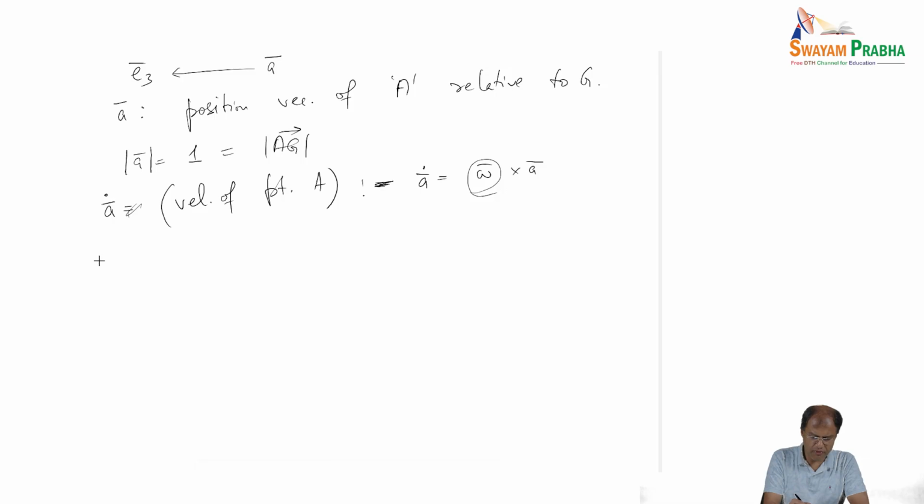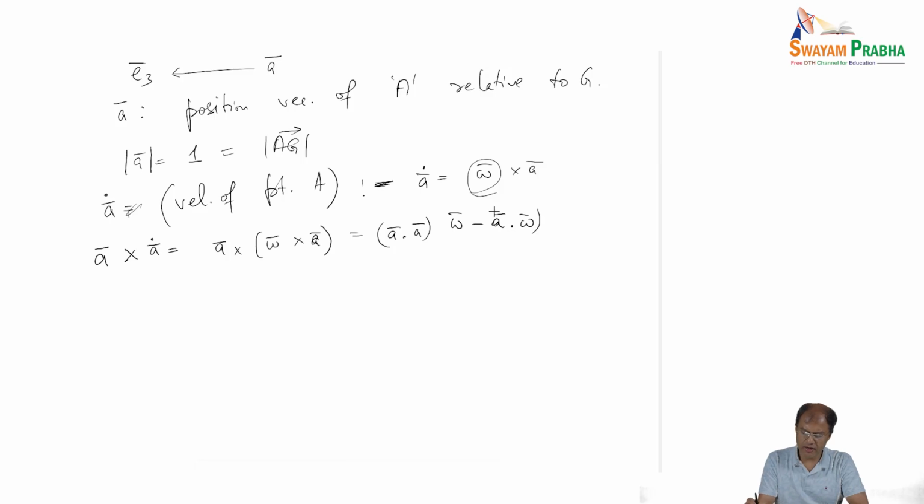Similarly, these are the various quantities we will require when we figure out the equation of motion of these axially symmetric objects. So A cross A dot is A cross omega cross A, right? And this is also equal to A dot A omega minus A dot omega A, right?